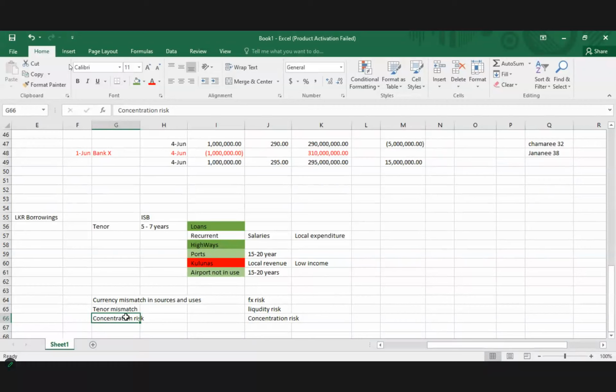Short term nature. Actually, this was short term. If for capital expenditure purposes, 5 to 7 years is considered short term. Right? And also, part of this would have gone into consumption.